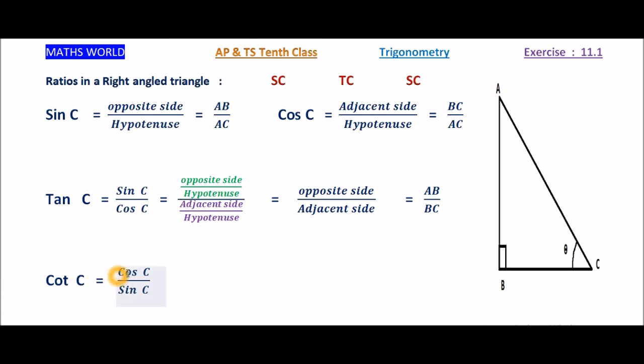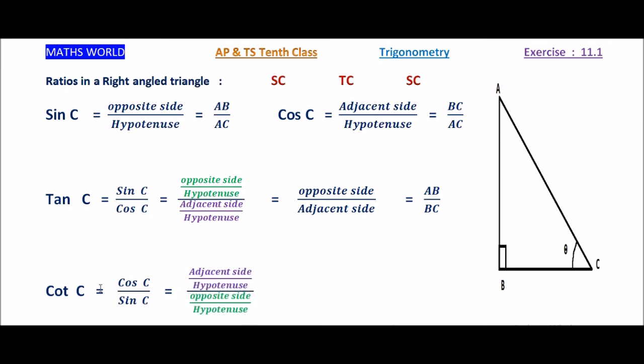Just simply substitute those values. So cot C is equal to cos C by sin C, that is equal to adjacent side by hypotenuse divided by opposite side by hypotenuse. So in the numerator hypotenuse, in the denominator hypotenuse, both will be cancelled. So the remaining adjacent side divided by opposite side.